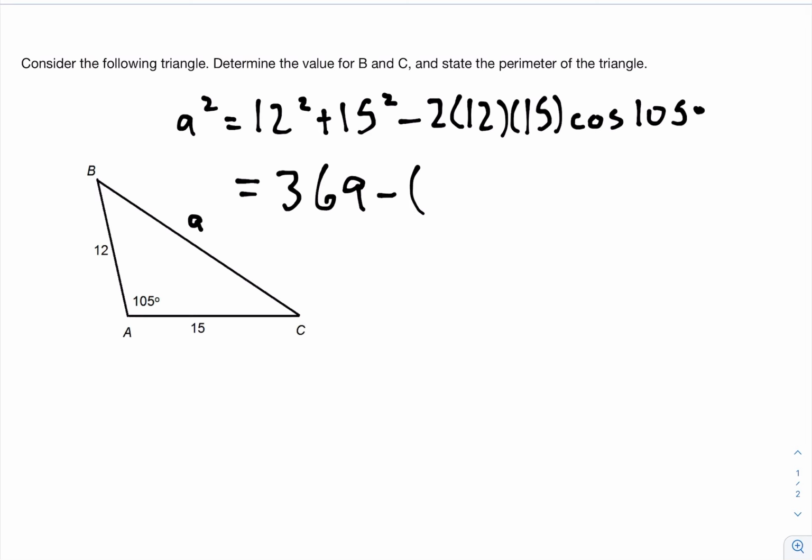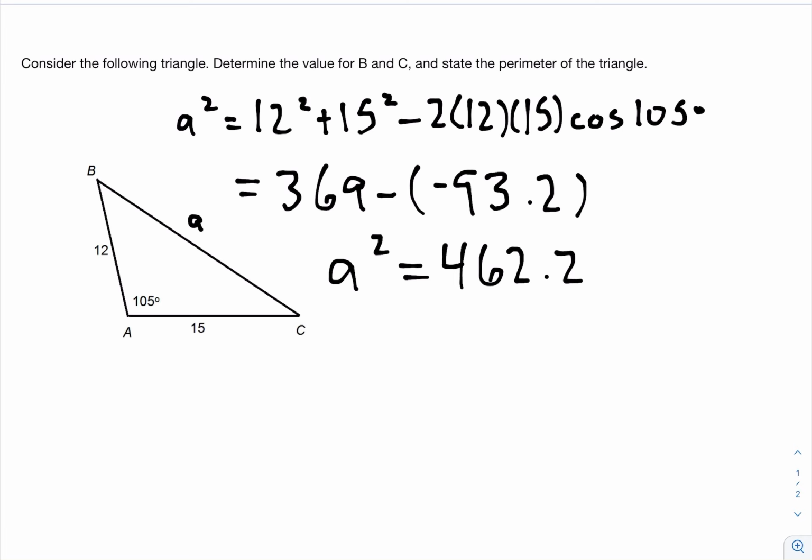So we're subtracting negative 93.2. Essentially we're just adding 93.2. So 369 plus 93.175, just to be accurate. So a squared equals 462.2. And so if we want a, it's just going to be the square root of that, which is 21.5.